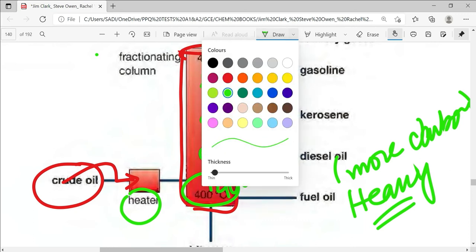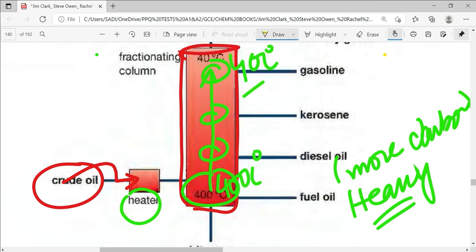So we get the fractions based on their boiling points. The one that has a very low boiling point will rise up till here and start condensing at this point. And then we are going to separate it. So you can see the gasoline condensing here.